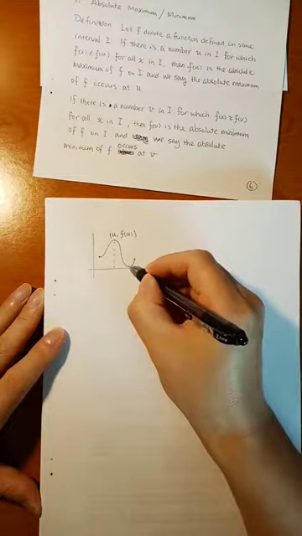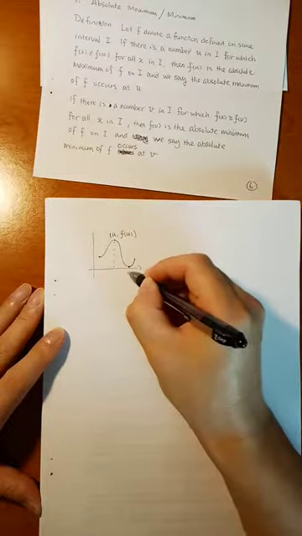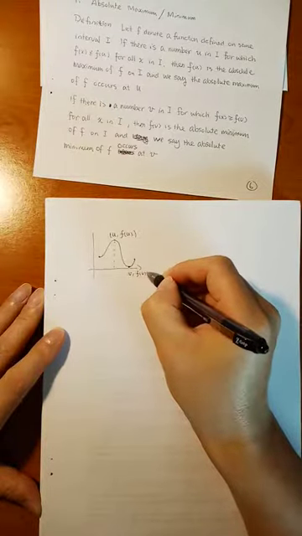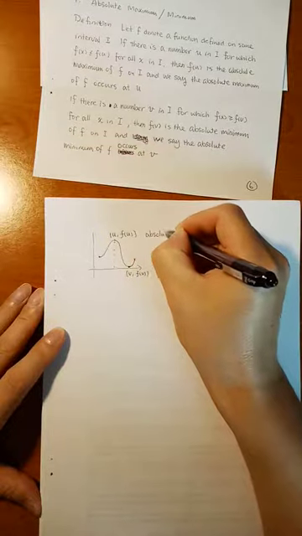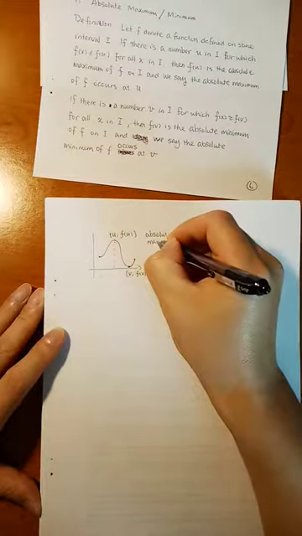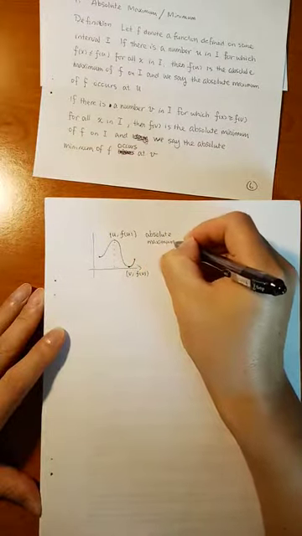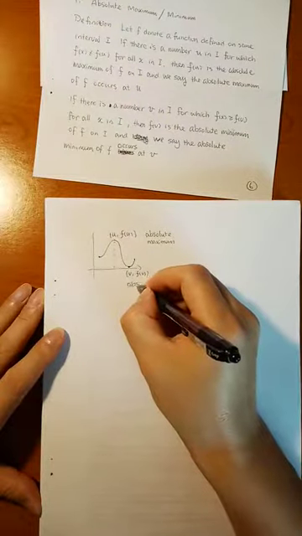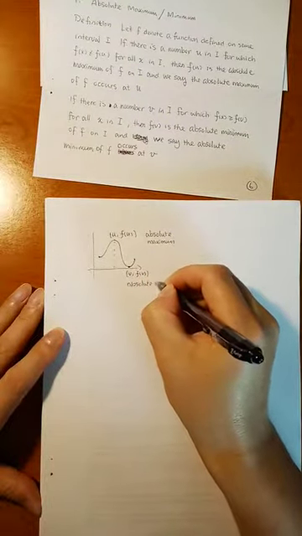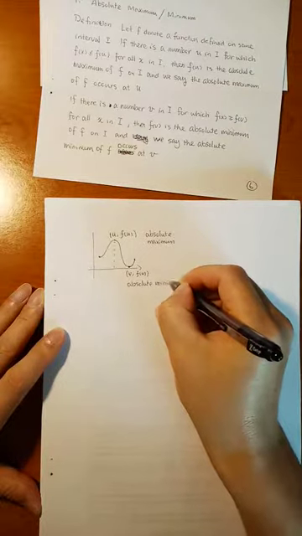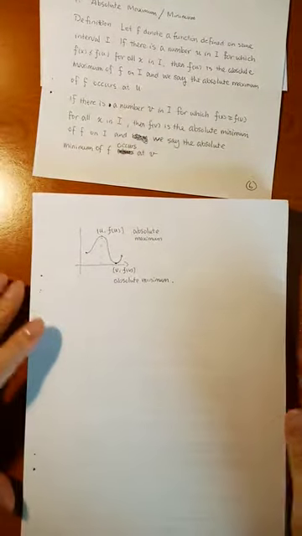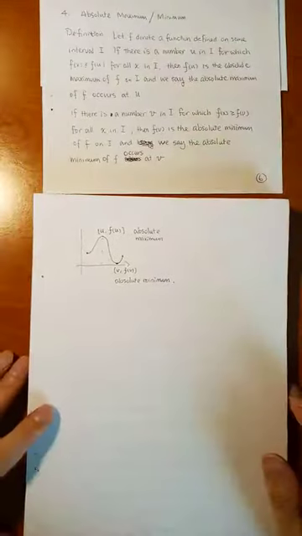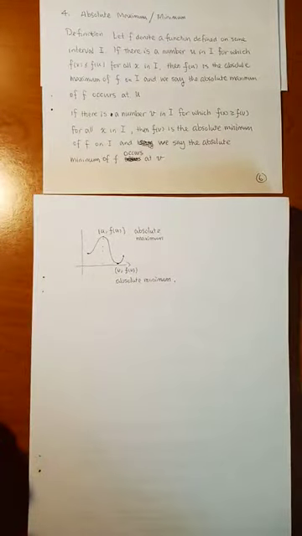And similarly, this is v, f(v). This is the absolute minimum. Absolute minimum. Okay.